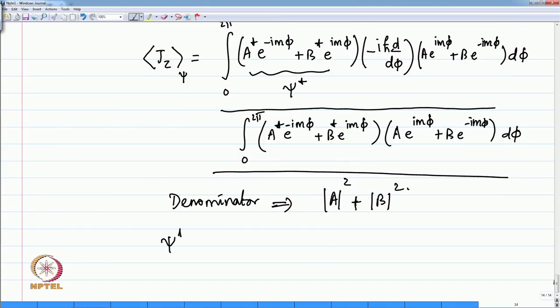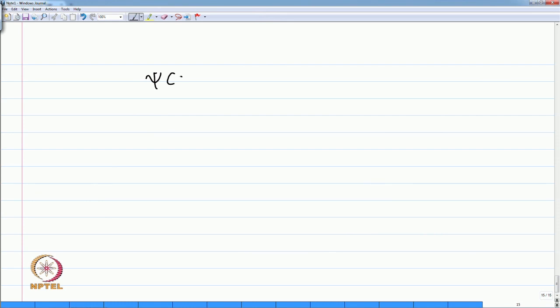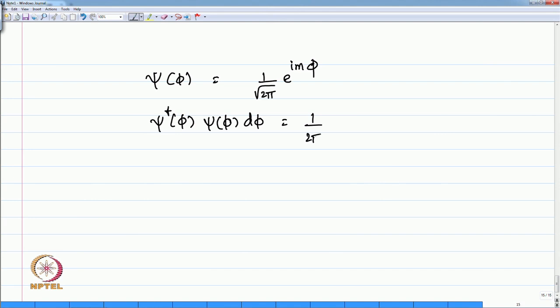If you say psi star psi d phi is the probability of locating the particle between phi and phi plus d phi, then you know that if the wave function psi of phi is 1 by root 2 pi e to the im phi, then psi star phi psi phi d phi is 1 by 2 pi d phi, because the exponentials cancel each other.